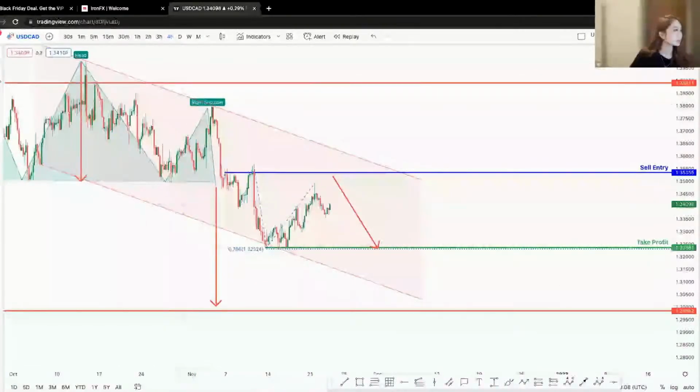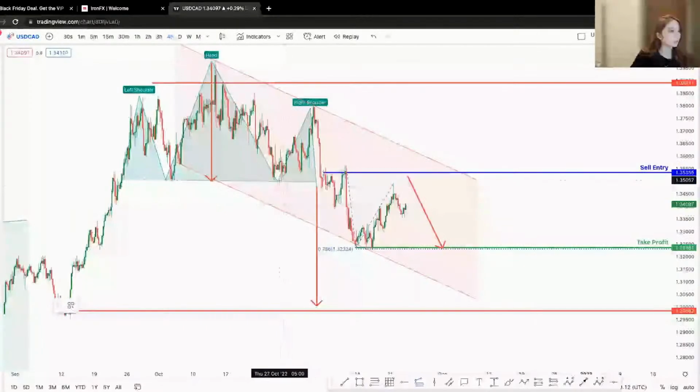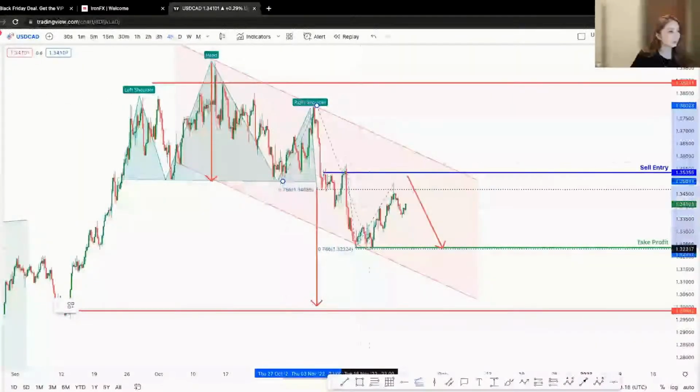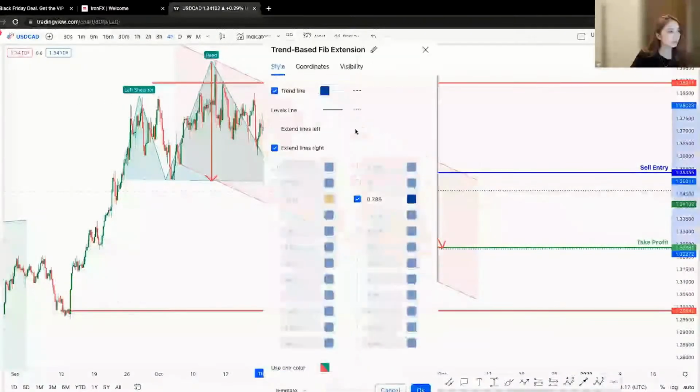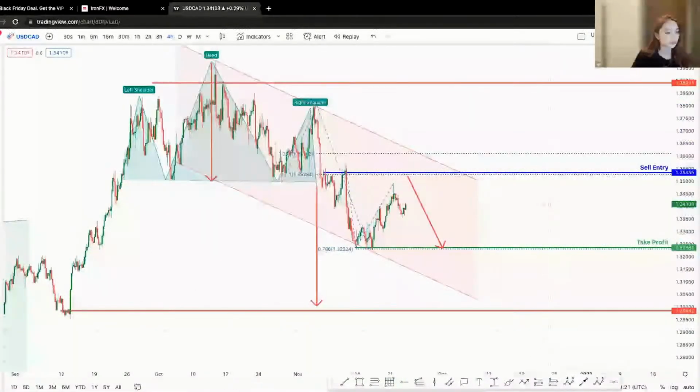And then let's take a look on how can we get our Fibonacci projection for stop loss at 127.2.